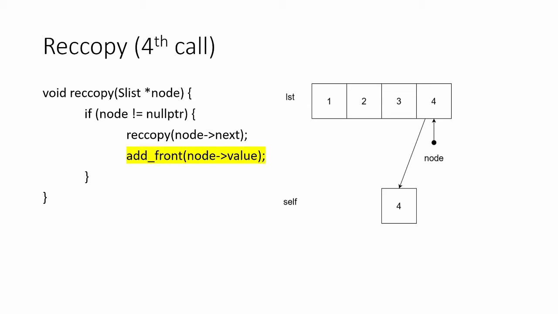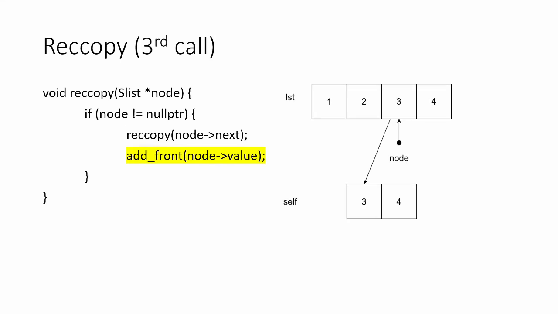What's left to do is add front. So we add front to the node value that's there. Node is pointing to 4, so we take the value 4 and add it to the front of our current linked list that calls Reccopy, which I just call self. Then the fourth method call for recursion copy is over.